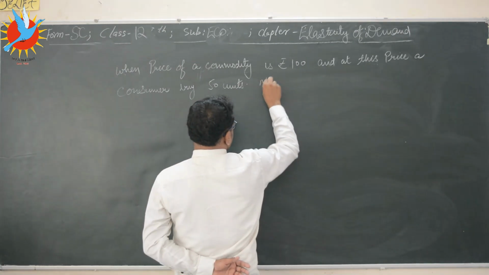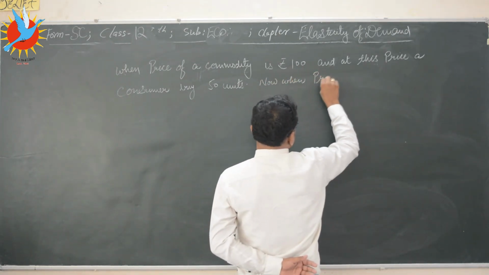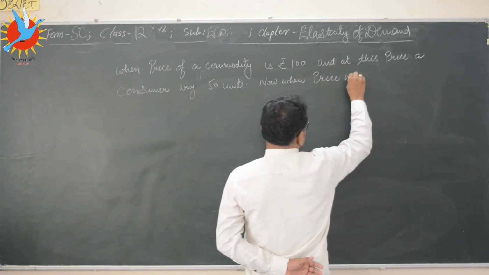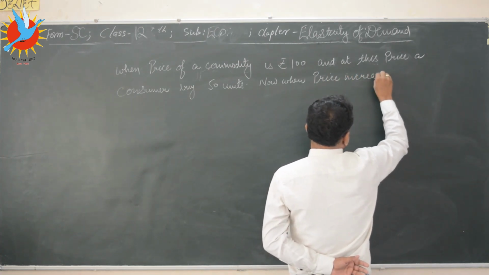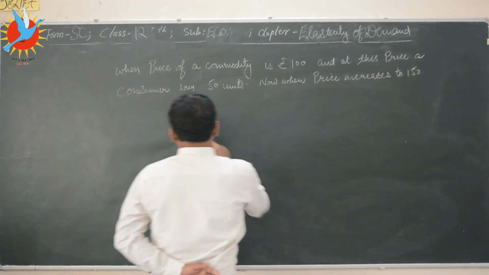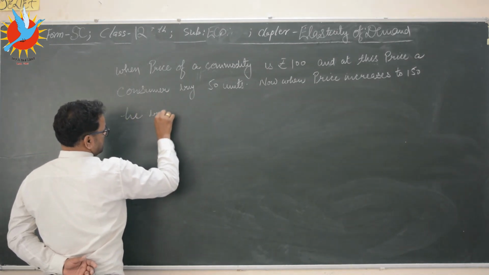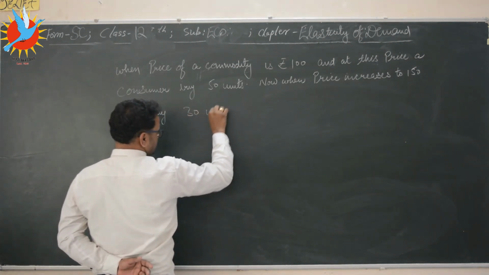Now when the price increases to 150, his demand will decrease, so he buys 30 units.